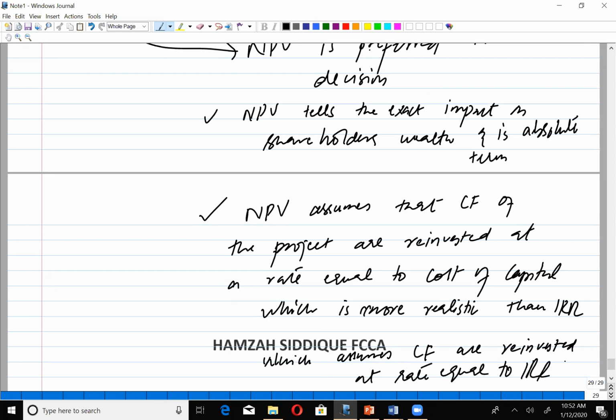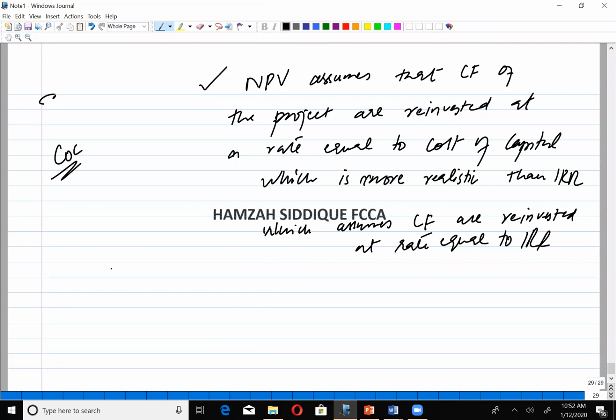So reinvestment I have told you about. The IRR assumption is wrong. So NPV assumes that it is equal to cost of capital, which is a bit balanced assumption. That minimum we will recover our cost. That's it. Students, all of you are clear about these points? Any question, anyone, please.